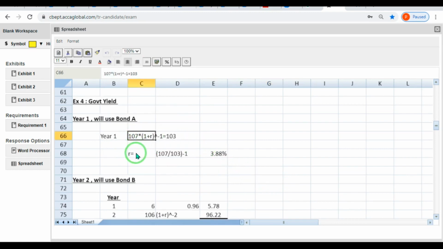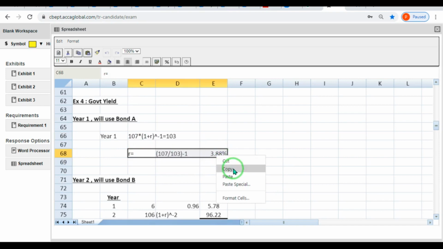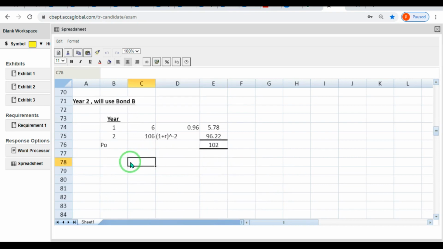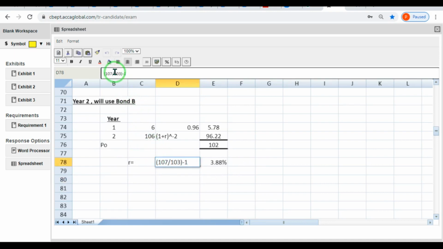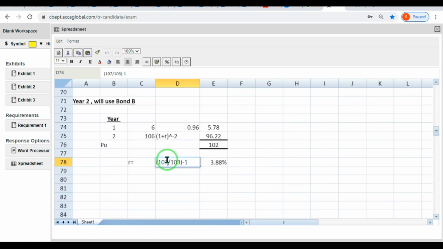I can use the same concept here to find the R. I'm going to change this 107 to 106, and I'm going to change the 103 to 96.22.